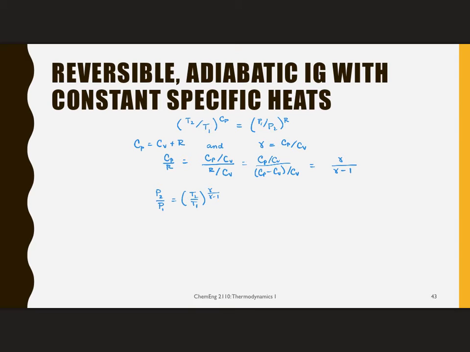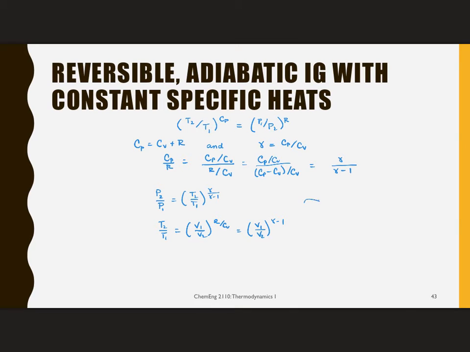Or if I start with the C sub V expression, C sub V ln of T2 over T1 plus R ln of V2 over V1, I end up with T2 over T1 is V1 over V2 to the R over C sub V. And in terms of gamma, this is V1 over V2 to the gamma minus 1.